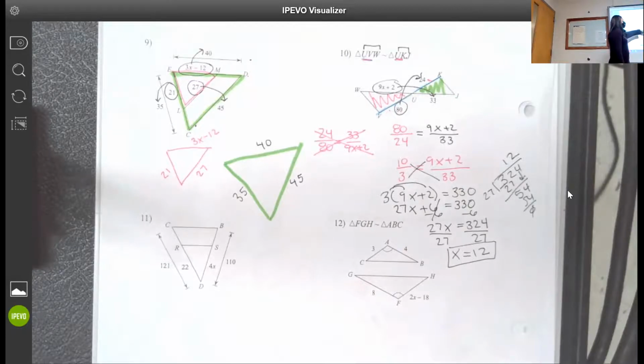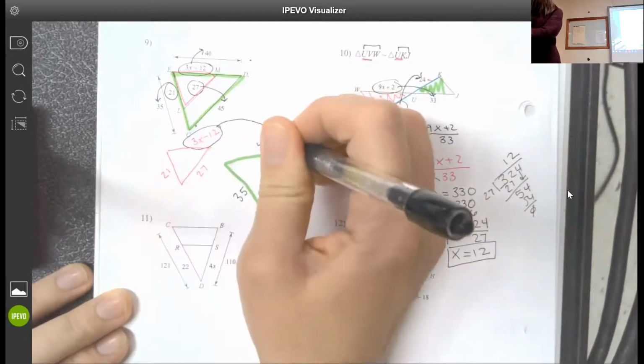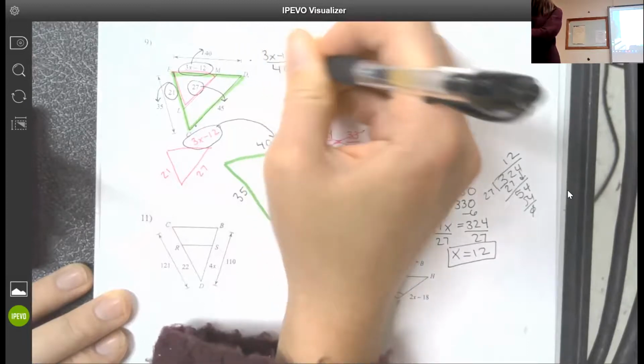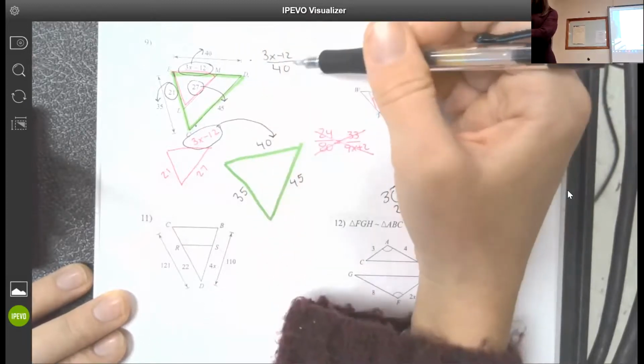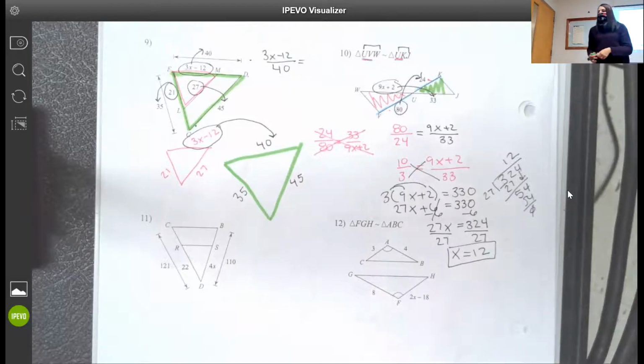On this one, if I was solving for x, I already wrote up here that this 3x minus 12 goes to 40. By the way, I can't reduce this. I can't reduce the 12/40ths if I wanted to, because I have more than one term up here. That's an illegal move. I can only reduce the simple ratio that's on the other side.